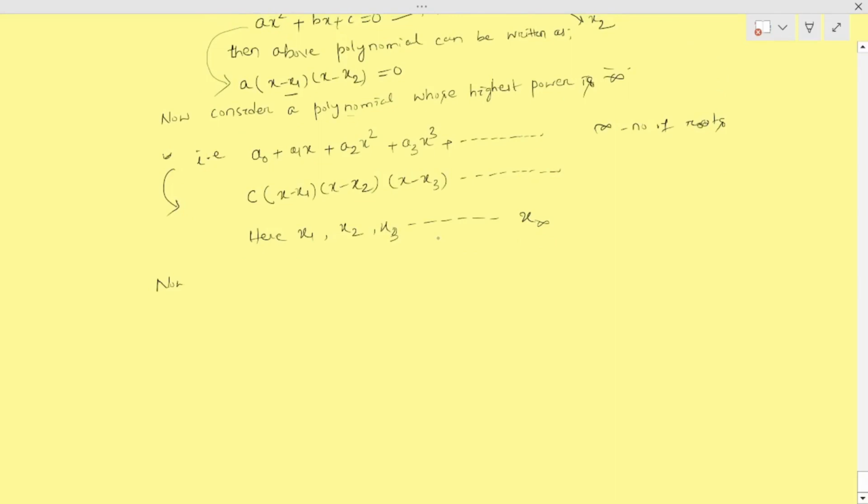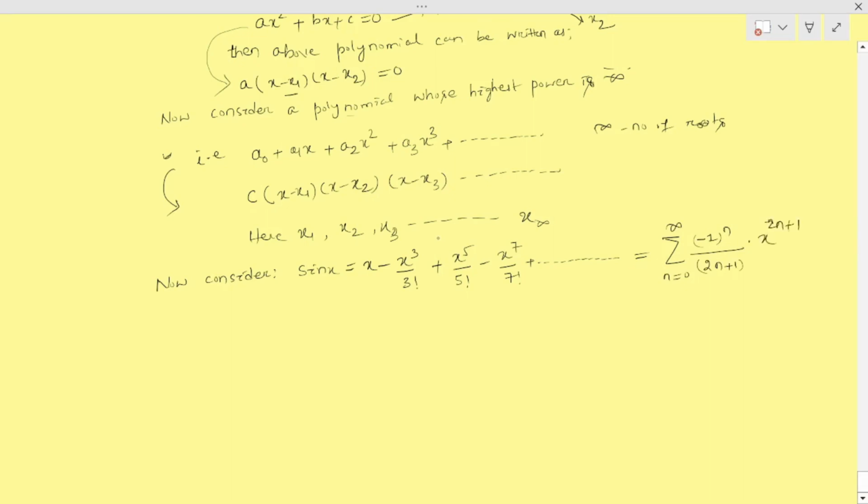Now we are going to consider sin x. The expansion of sin x, or the so-called Taylor series of sin x about x equal to 0, is nothing but like this: x minus x cube by 3 factorial plus x to the power 5 by 5 factorial minus x to the power 7 by 7 factorial plus so on. It continues up to the power infinite, or we can write in general as the sum over n equal to 0 to infinity of minus 1 to the power n divided by (2n plus 1) factorial into x to the power 2n plus 1.